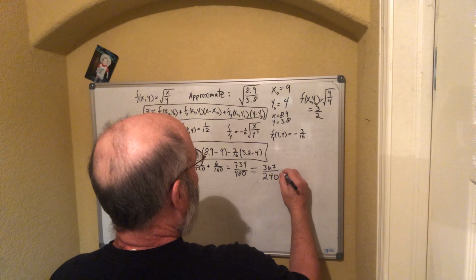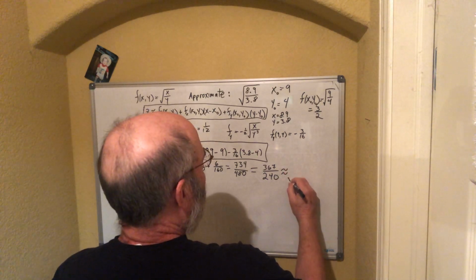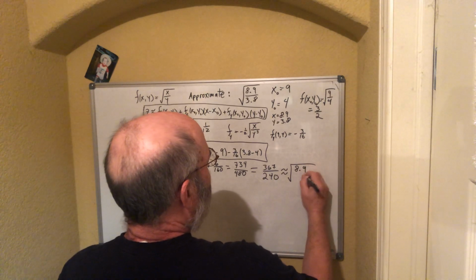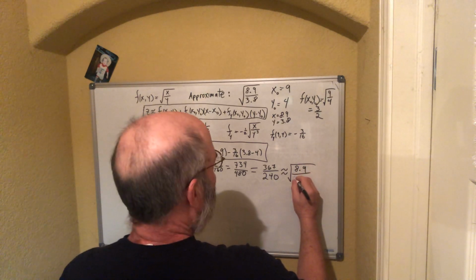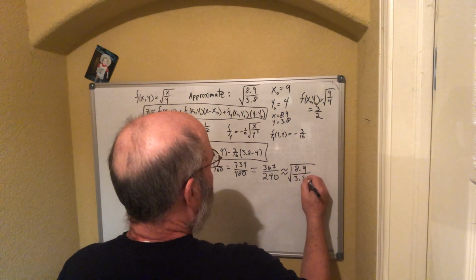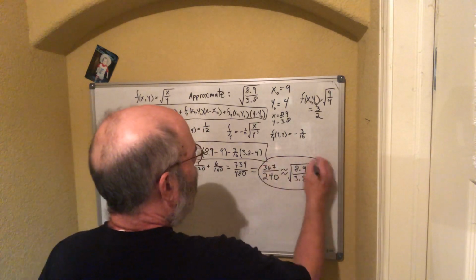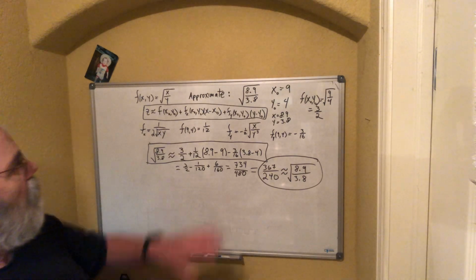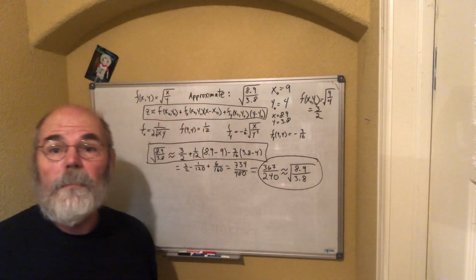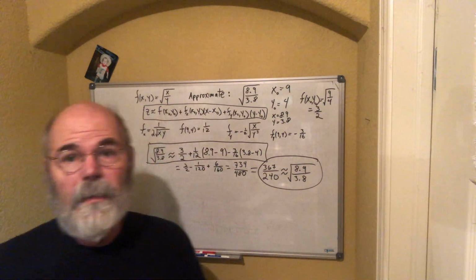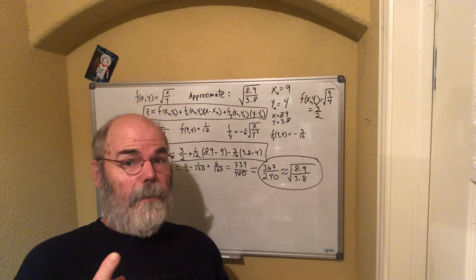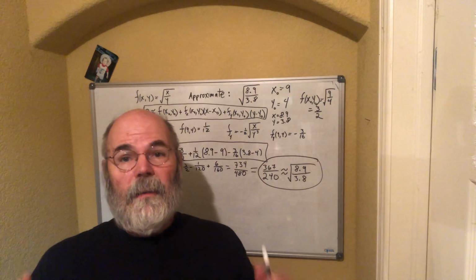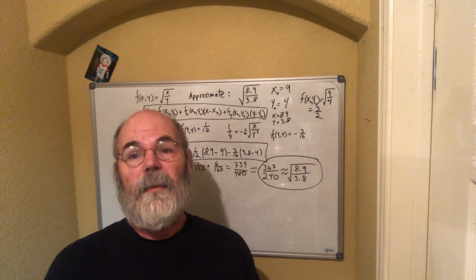And again, that gives us a so-called rational or fractional approximation to that number, which was obtained as a two-dimensional first-order Taylor polynomial in two variables.